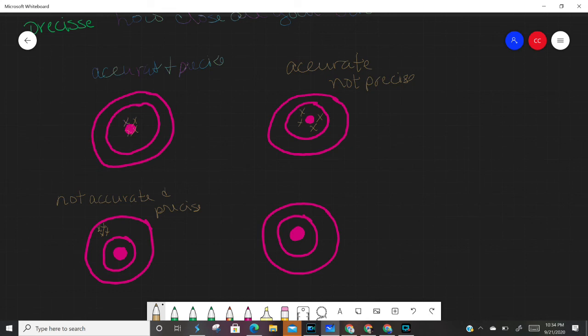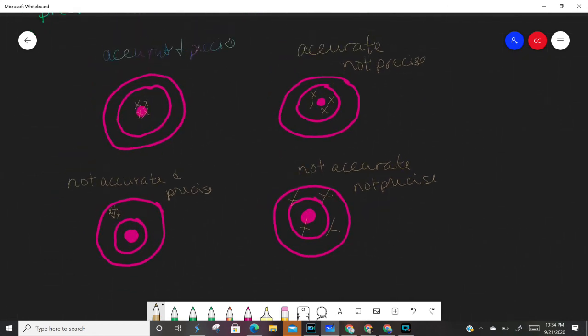And then you can have not accurate and not precise. And that means nothing's close together, nothing's close to the target, nothing's where it needs to be.